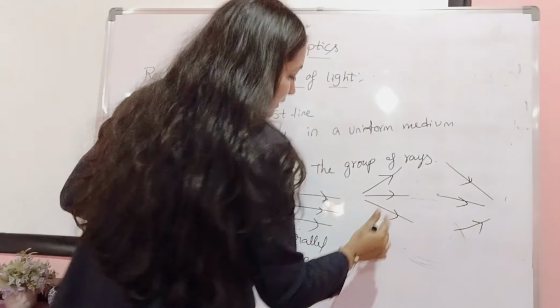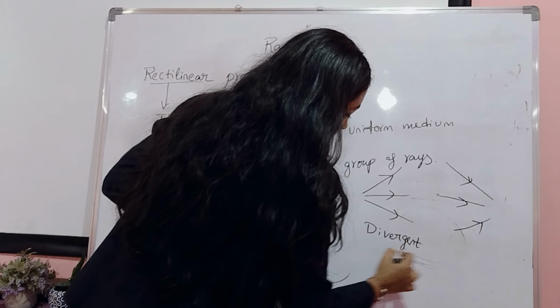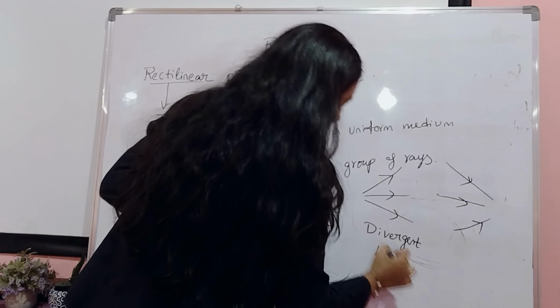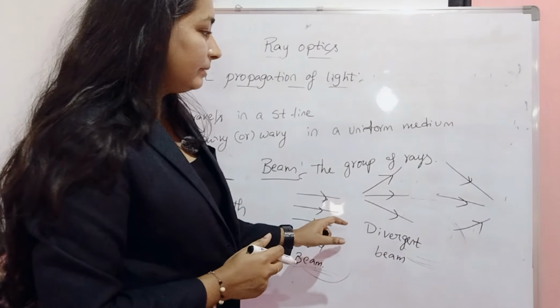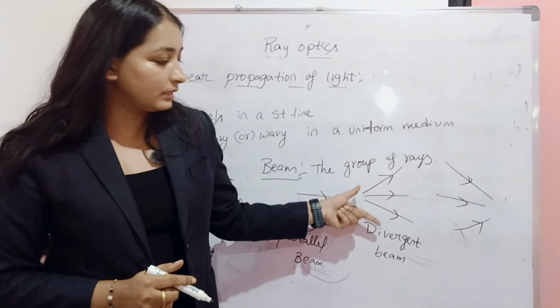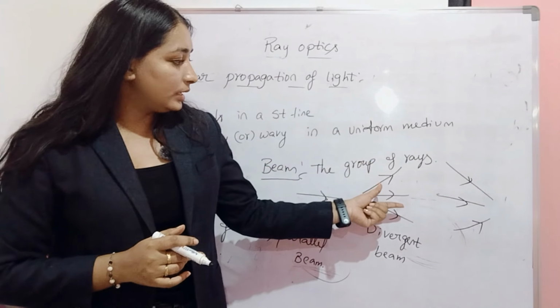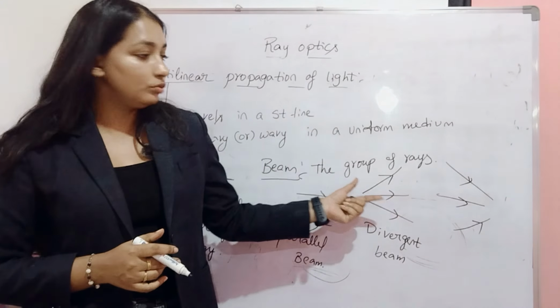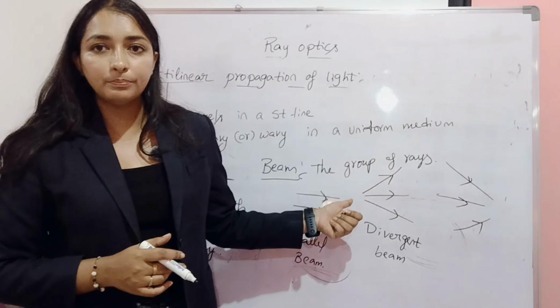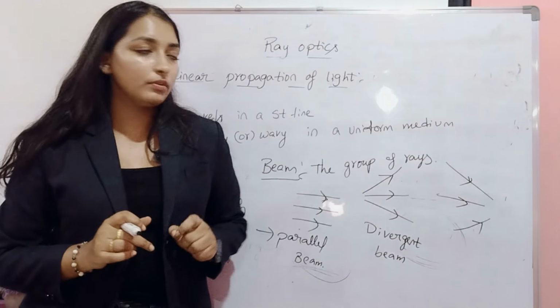And look at this. This is divergent beam. So in this divergent beam, the group of light rays are spread out from each other, and they appear to originate from a single point, so that is called virtual focal point.